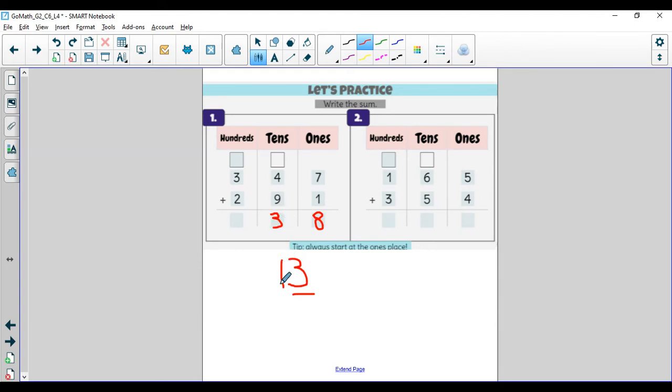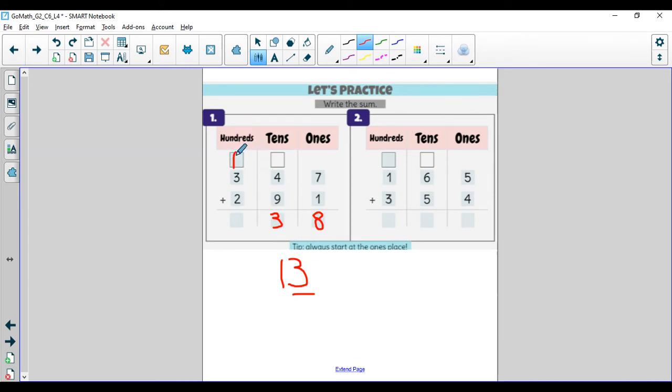And this 1 is going to come up to my hundreds place right next door, because I made 13 tens, which is the same as 1 hundred, 3 tens.